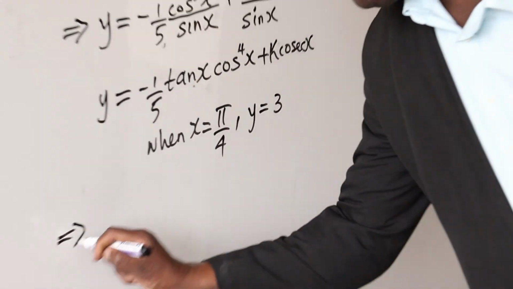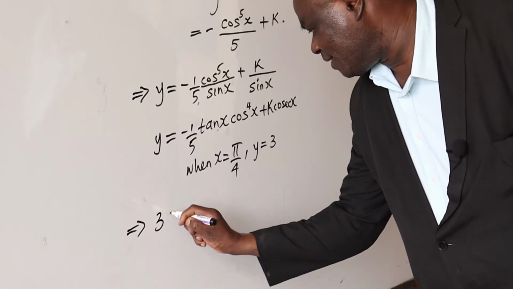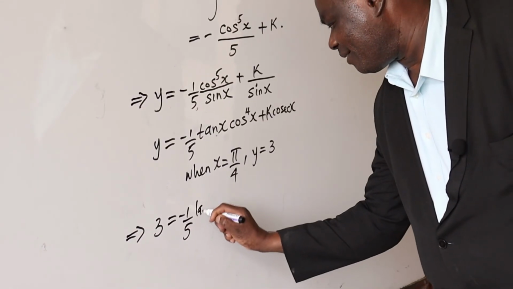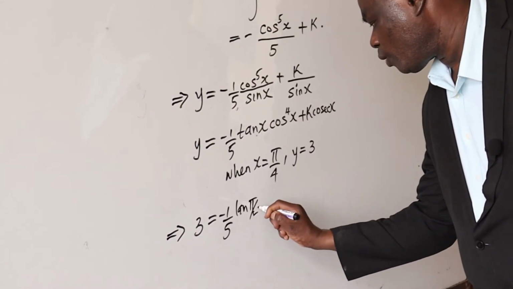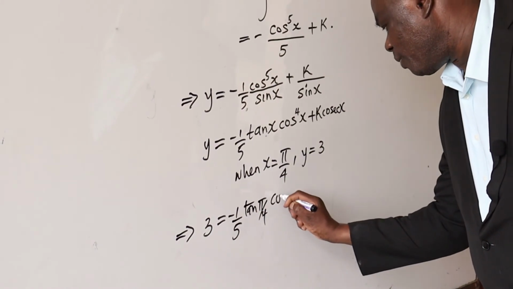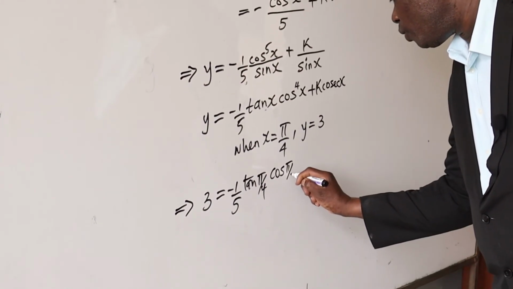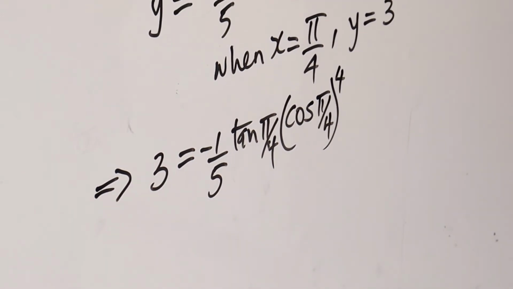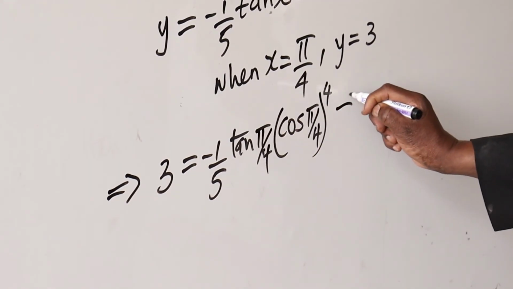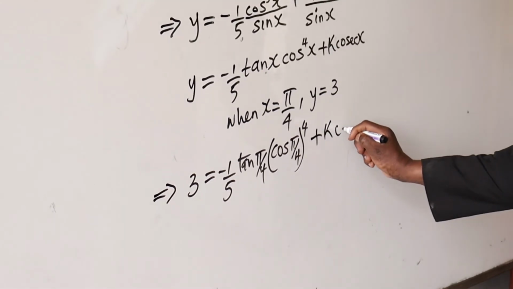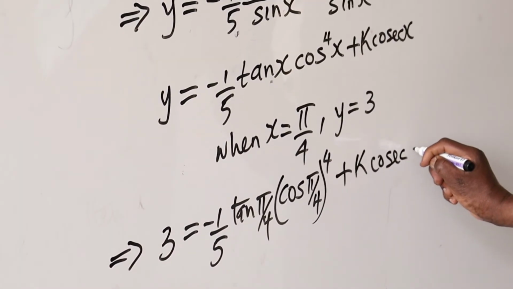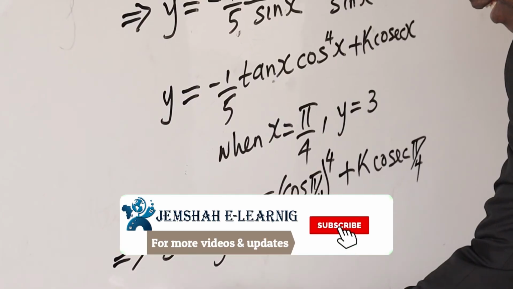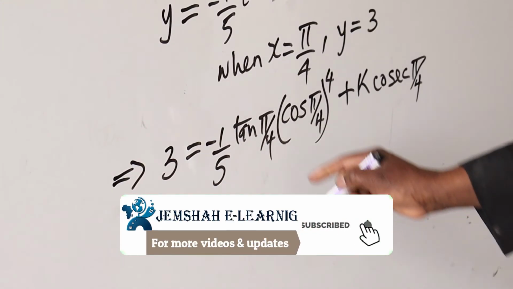This implies 3 is equal to minus 1 over 5 tan pi all over 4 cos pi all over 4 raised to power 4 plus k cosec pi all over 4. So 3 is equal to this.